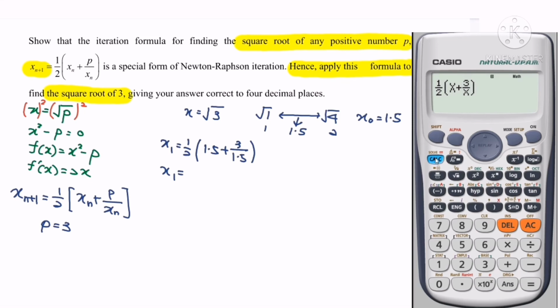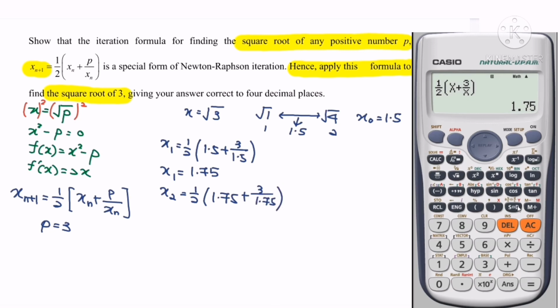Close the bracket. Calculate, 1.5. So x1 will be equal to 1.75. Repeat the situation where we have x sub 2 equals 1 over 2 bracket 1.75 plus 3 over 1.75.